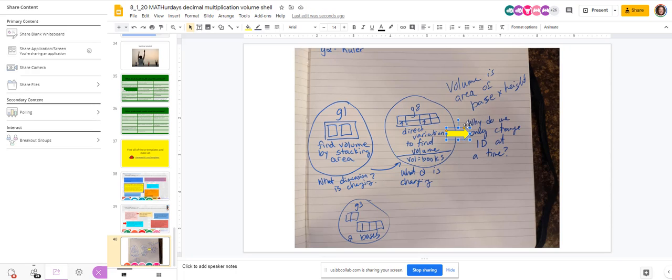But strategy maps are only as good as the conversation goes. I realized in this that we needed to talk more about the units, whether it's books or centimeters. So I did change a little bit of the mathematical objective there when I saw that need.